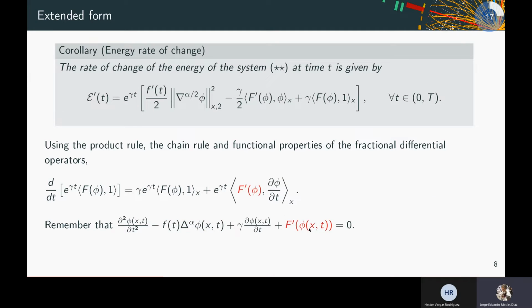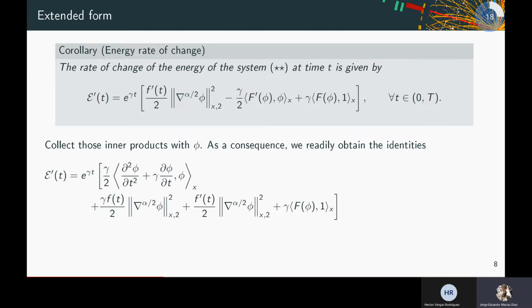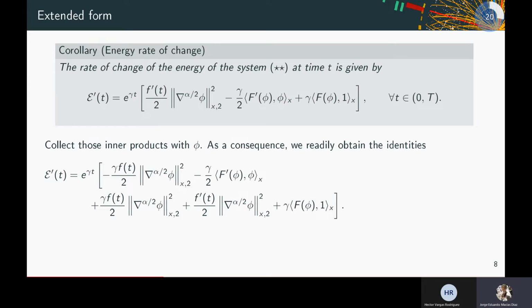Now for this term, the derivative is going to be given in this form. Finally, we collect terms, we put them together, and we obtain this expression, which reduces to this one, and so on. We introduce more terms, and finally we reach what we wanted.